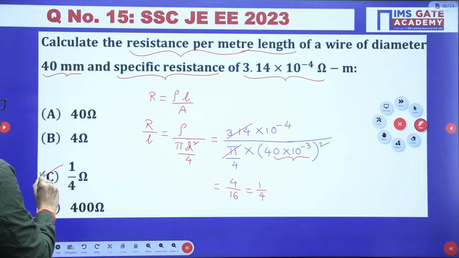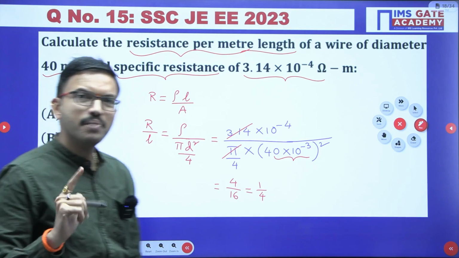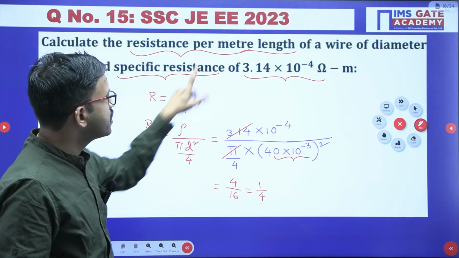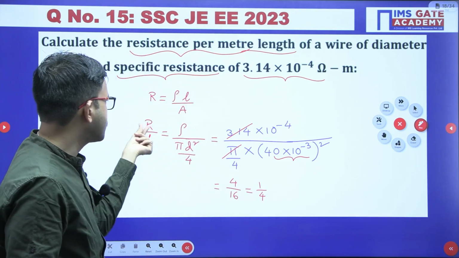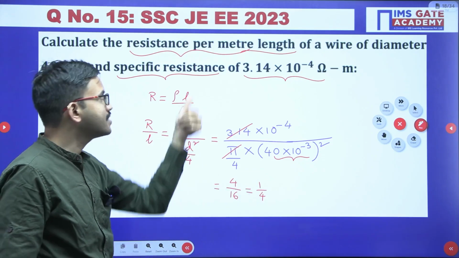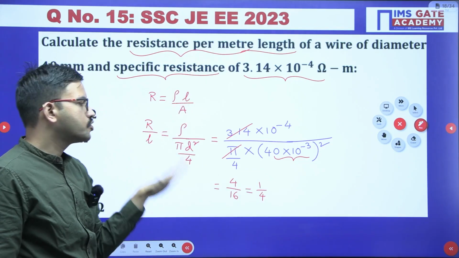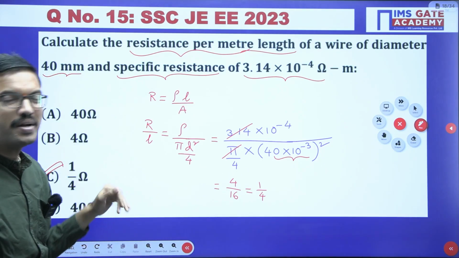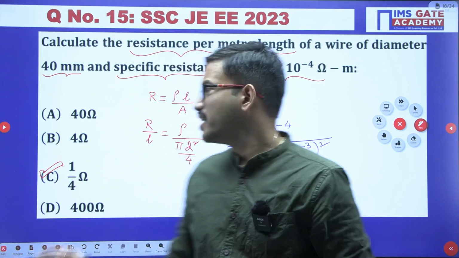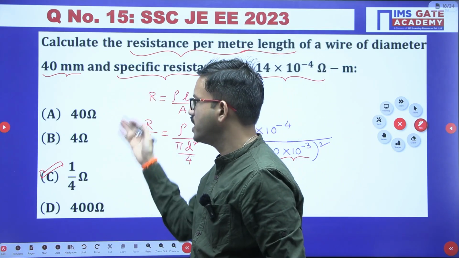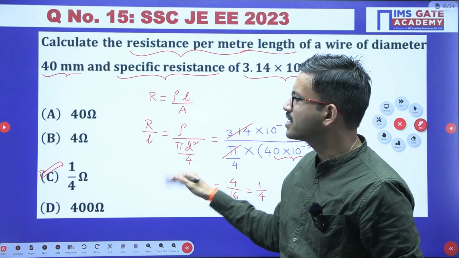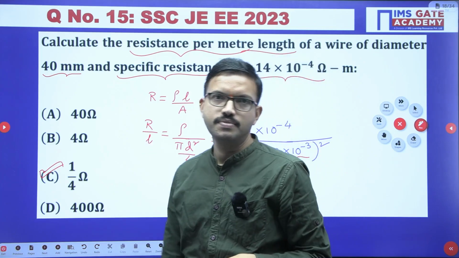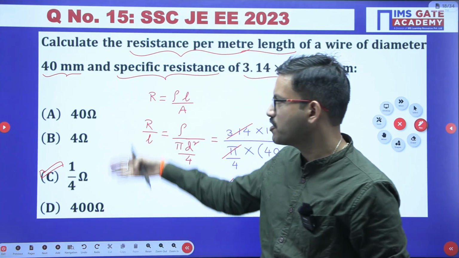1 by 4. Actually the unit should be ohm per meter, because they are asking per meter length, right? In general, if you are having resistance, units will be ohm, but since they have asked per meter length, the unit should be ohm per meter. Here also in options it should be ohm per meter, but they have assumed that it's like a resistor, so that is the reason they have given units as ohm. But anyway, 1 by 4, you are having only one choice.